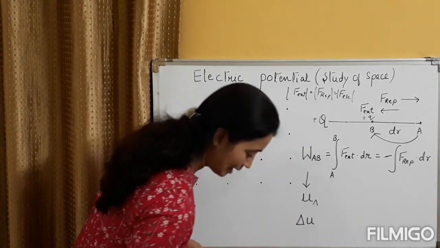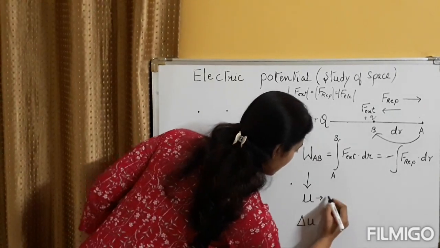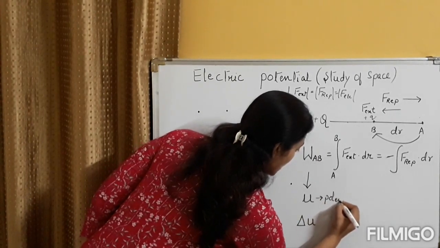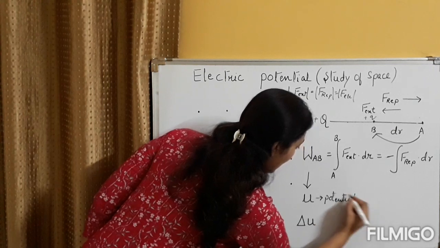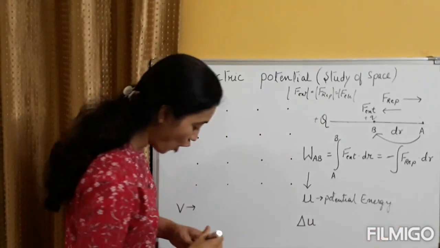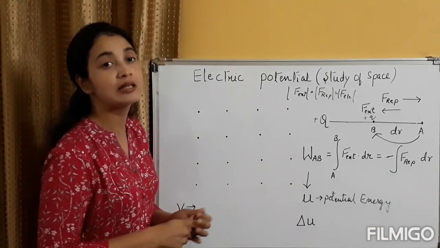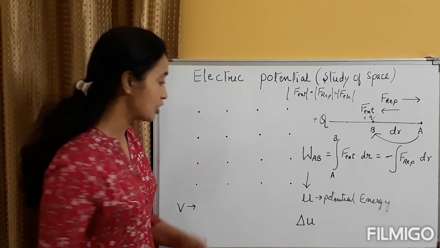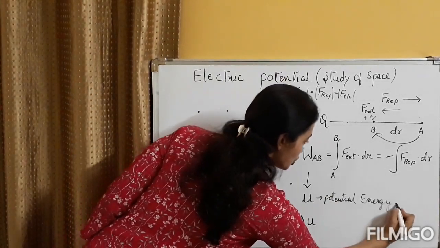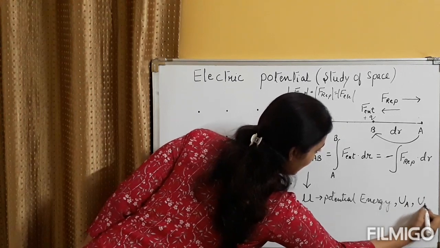This potential energy we denote as U. This work done is stored in the form of potential energy, same way we dealt in the case of gravitational field. Now potential energy can have the values UA, UB.